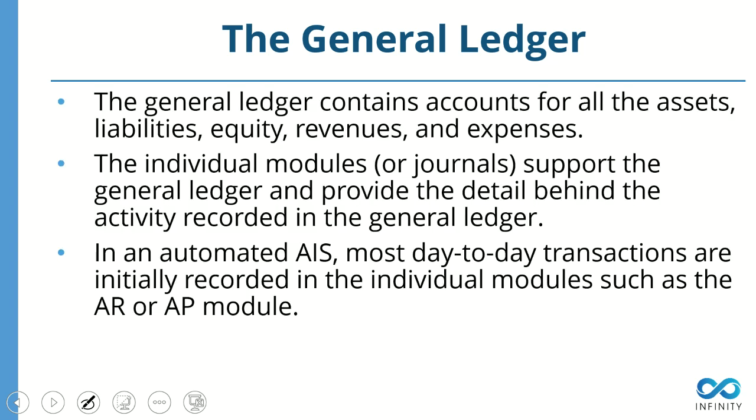The general ledger contains accounts for all assets, liabilities, equity, revenues and expenses. The individual modules we have, whether it is assets, sales or inventory, everything is connected to your general ledger, because you should finally know how much inventory I have, how much receivables I have, how much payables I have.